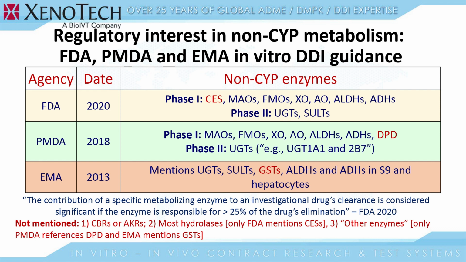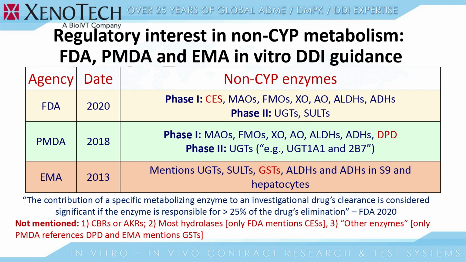So I'd like to just briefly talk about how the regulatory agencies address non-CYP metabolism and how the guidance approaches dealing with enzymes that are non-CYP based. I should point out that the FDA does mention carboxylesterases, which the other 2 guidance documents do not mention, that being the European EMA and Japan's PMDA.